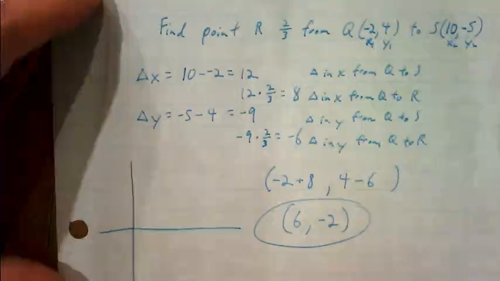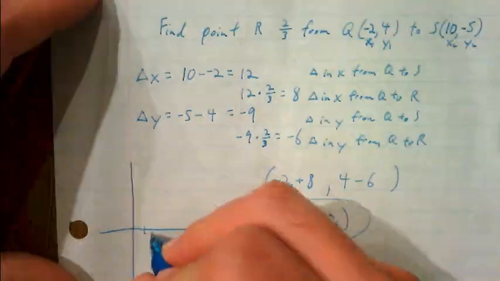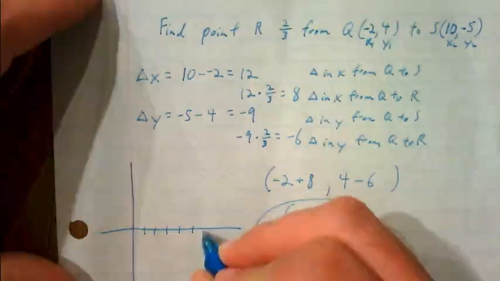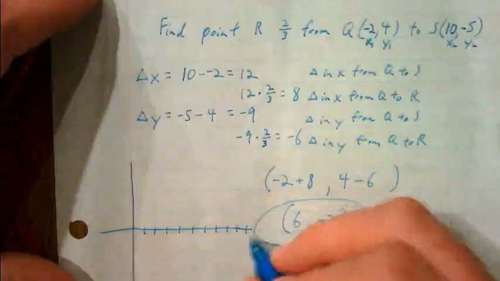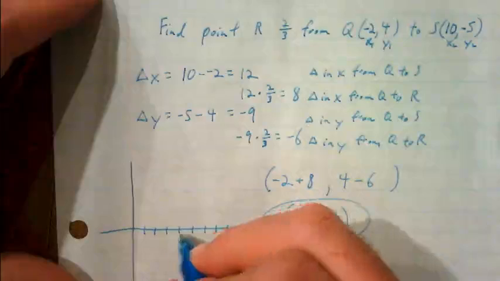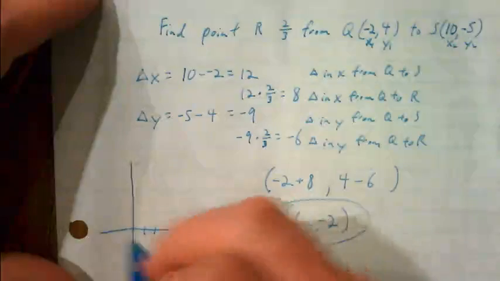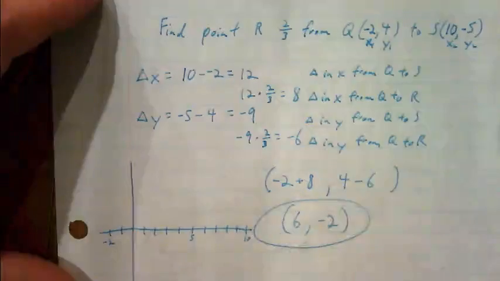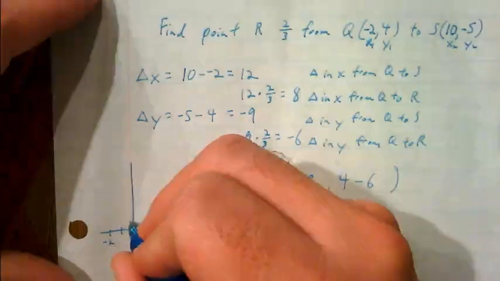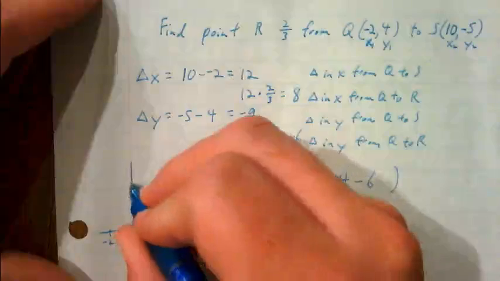Alright. So, 1, 2, 3, 4, 5, 6, 7, 8, 9, 10. 1, 2, 3, 4, 5. 1, 2. It's -2. 1, 2, 3, 4, 5.